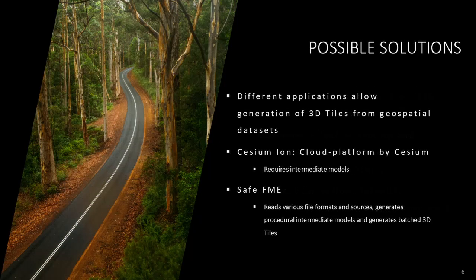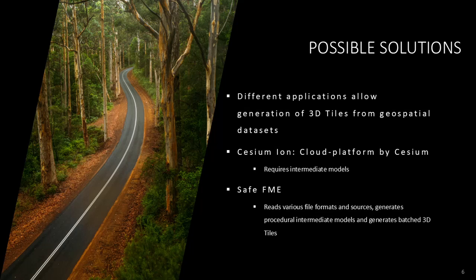There are already several different applications out there that can be used to generate 3D tiles from geospatial datasets. One of these applications is Cesium Ion. It's a cloud platform provided by Cesium. However, it requires intermediate models, and it was not successful in creating the large-scale 3D tiles that we desired.